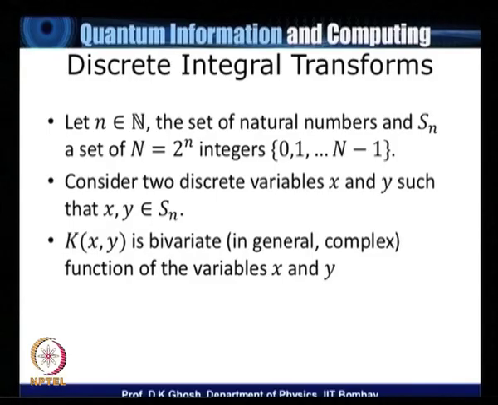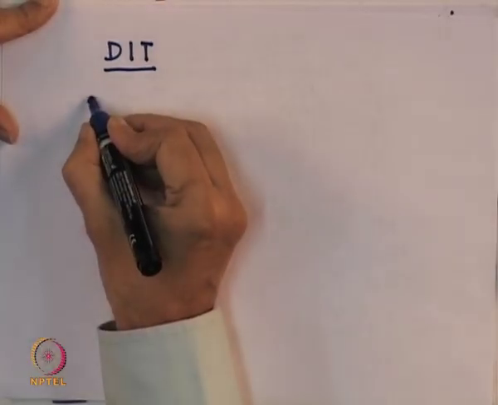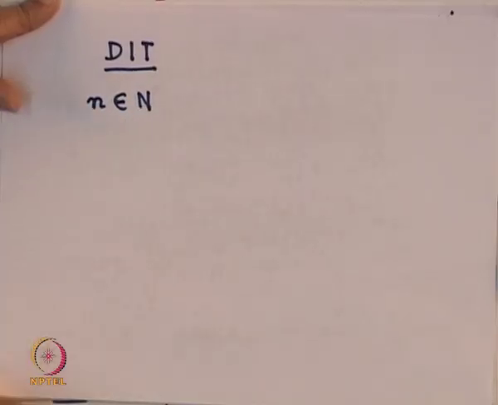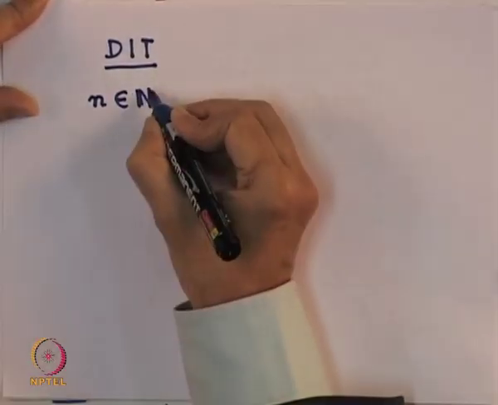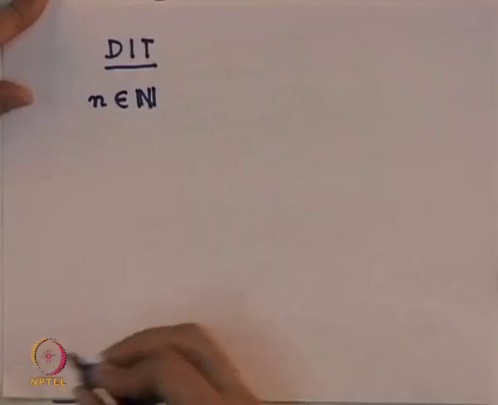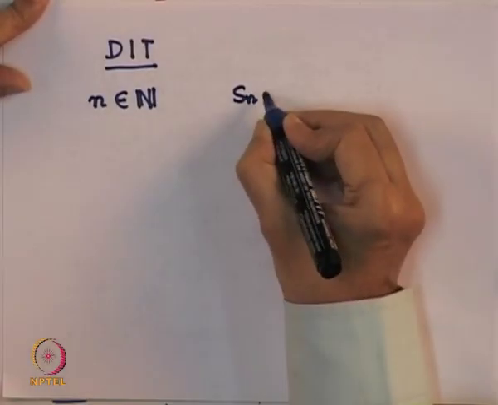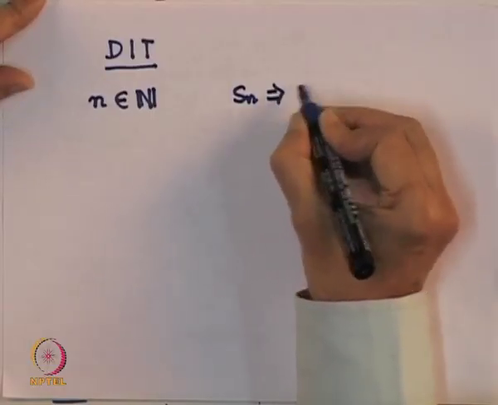So let me first talk about a general discrete integral transform, in short DIT. Let small n belong to the set of natural numbers, and I will take Sn to be a set of numbers which has 2 to the power n integers.